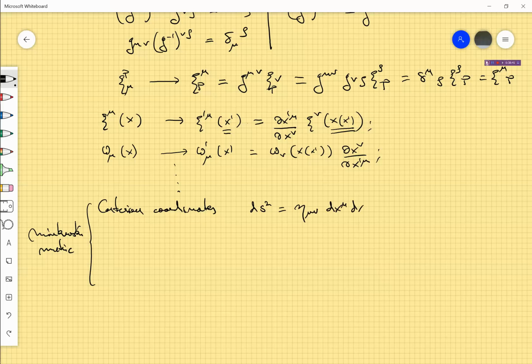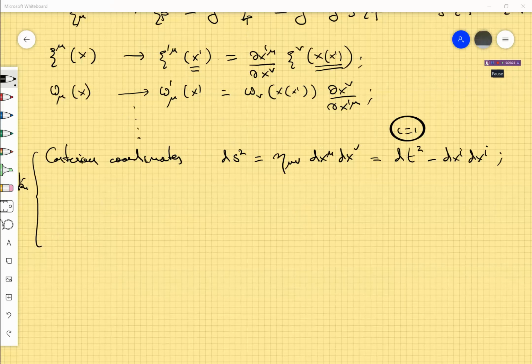This is the standard notation, ds squared, and this is just dt squared minus dx_i squared, as we know, where c is equal to 1. We have also used or defined light-cone coordinates.